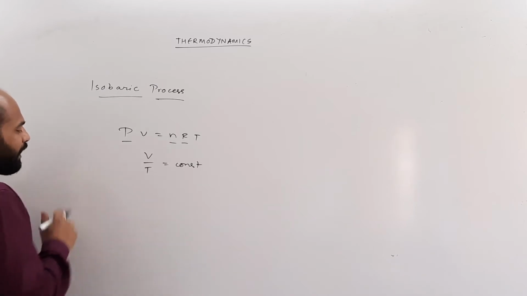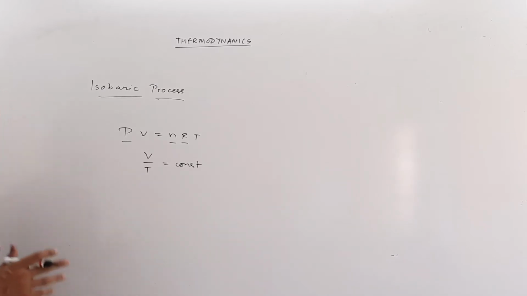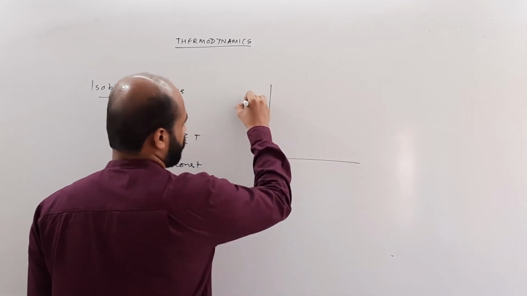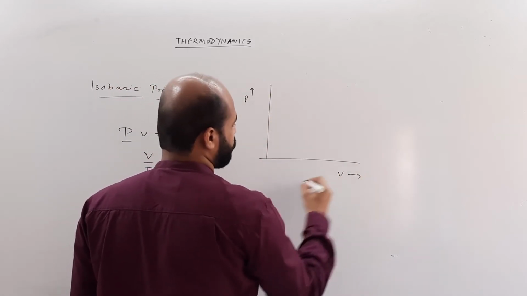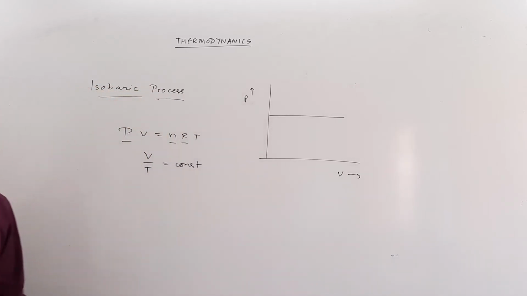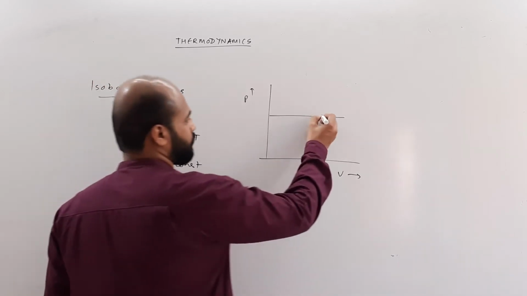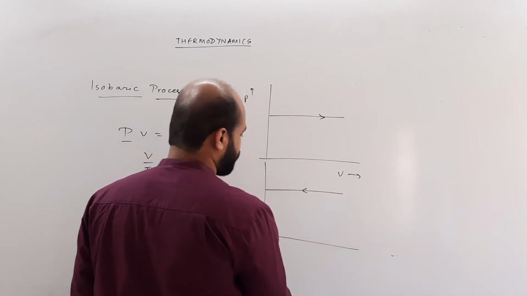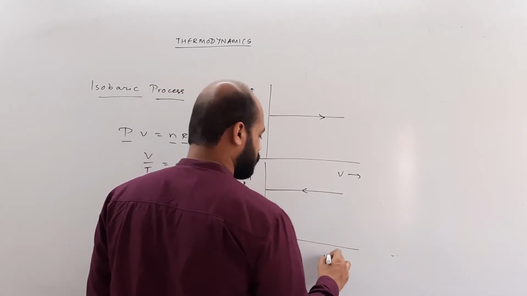Now we have to analyze this process with the help of various graphs. The first graph that we are going to take is the PV graph. This is pressure and this is volume. You can clearly see that, pressure being constant, this line is going to be in this direction, and the other direction is this. Why have we drawn two lines?